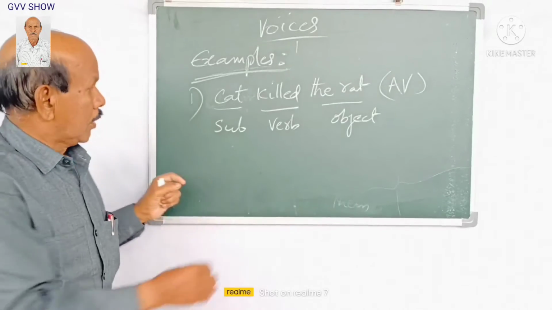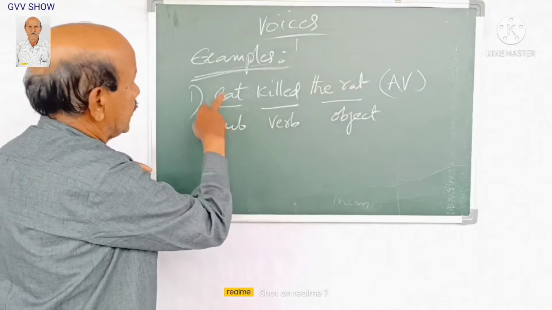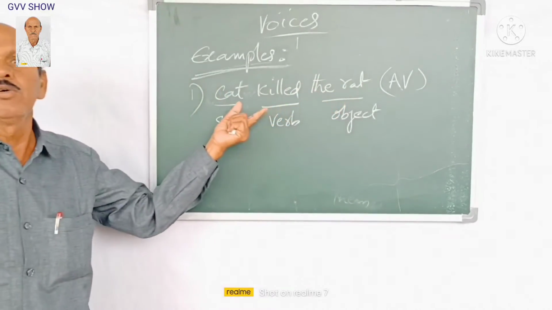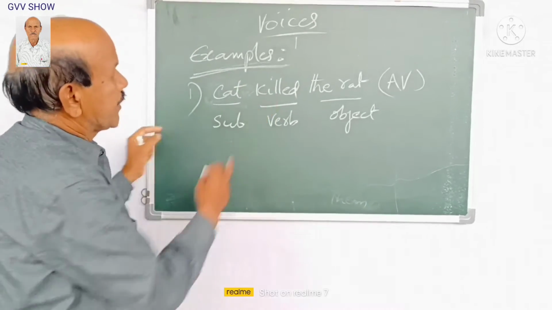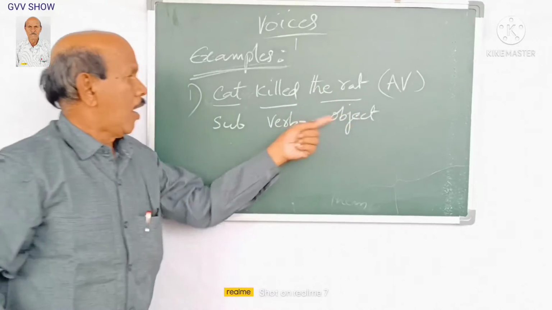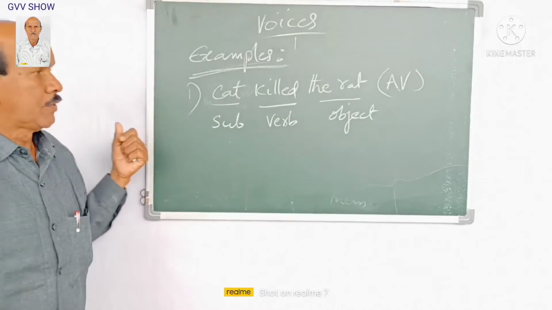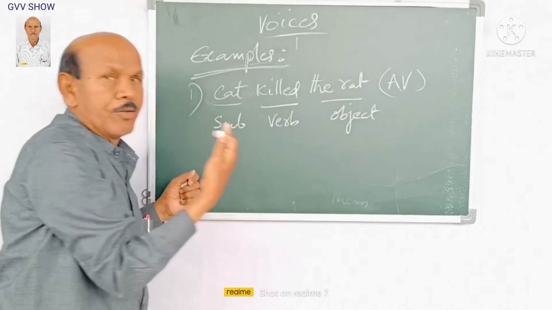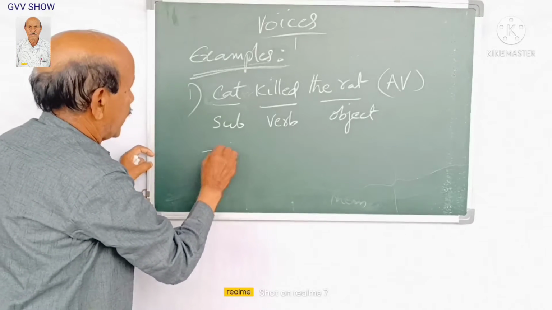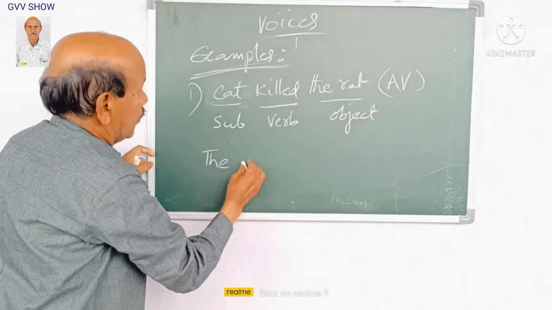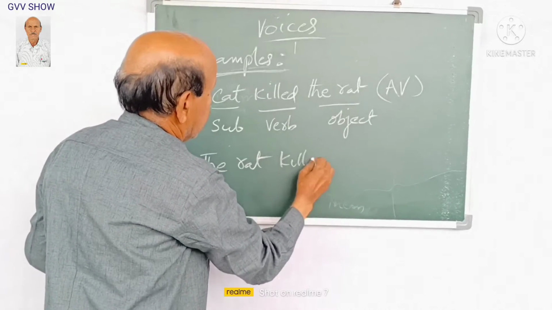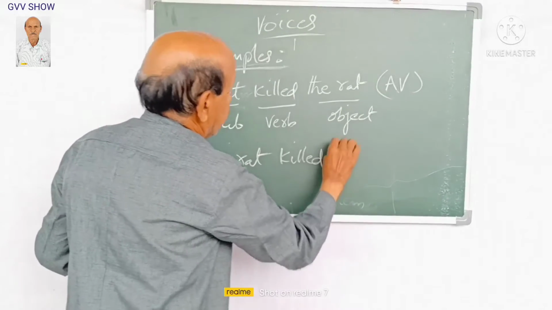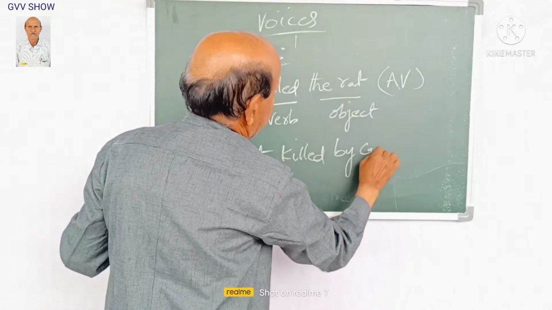I will give an active voice sentence and change it to passive voice. The object can change in passive voice, so the object comes in front. The rat was killed by the cat.